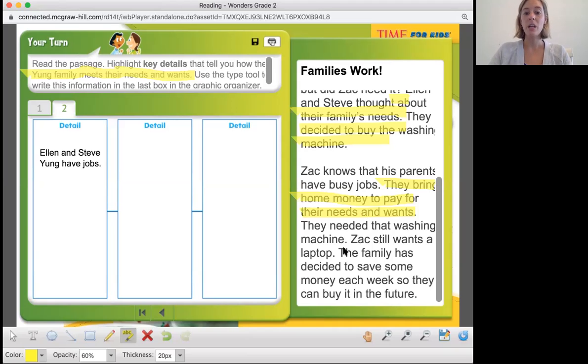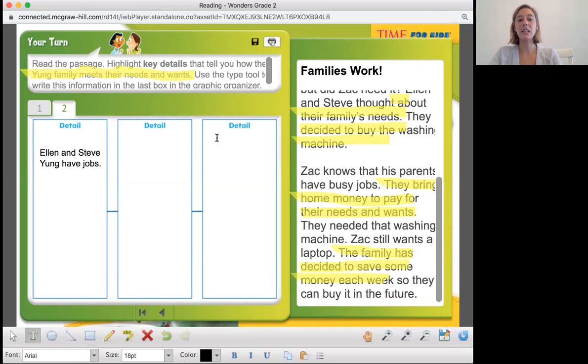And also, the family decided to save some money to buy that laptop, a want, right? So for that last detail, we can say Ellen and Steve work hard to buy their needs and save money for their wants.